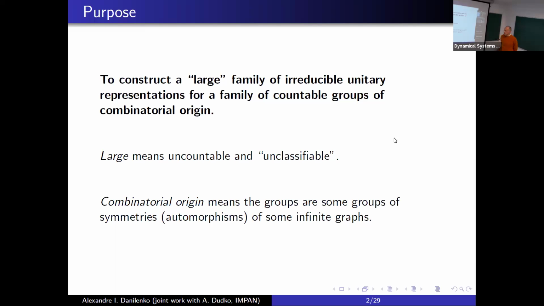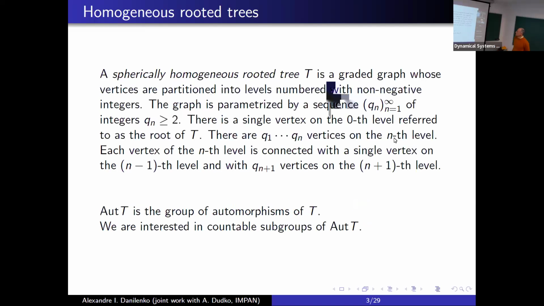In fact, there are many concepts of unclassifiable, but here we mean some family of representations which are indexed by elements of some bad topological space. Okay, later on. Combinatorial origin means groups of symmetries of some infinite graphs.